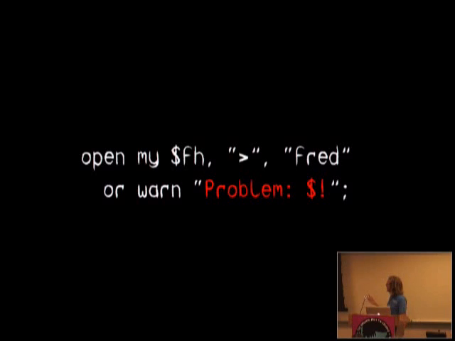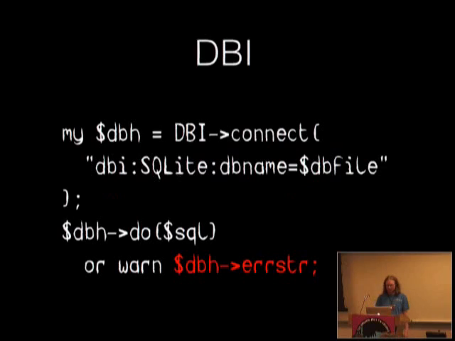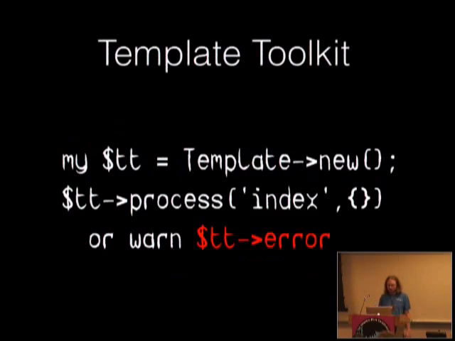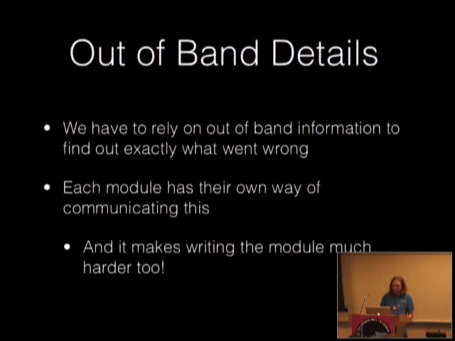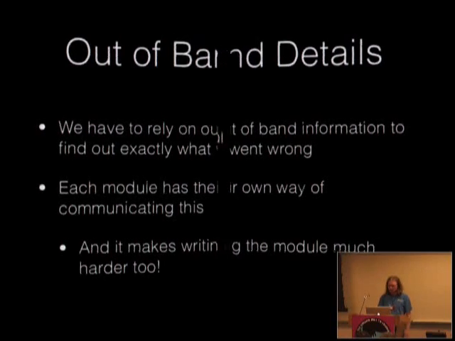And then you can find the problem with file handles. And if you're using the DBI, you need to go look in errstr. Easy to pronounce that one. Or in Template Toolkit, you need to look in error. So there's all these out-of-band details, and you have to know where they are. And if you want to pass that around, you have to gather them all up and pass them around. And believe it or not, writing modules which do this is also complicated.